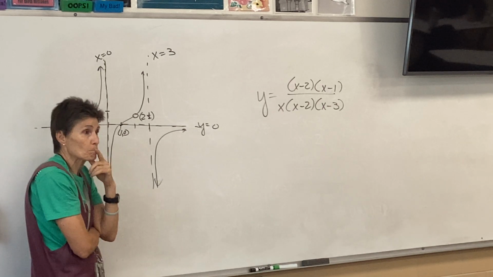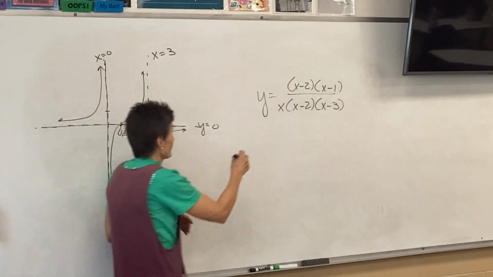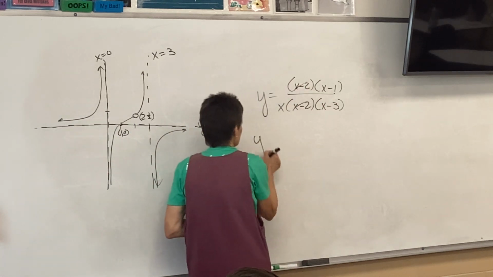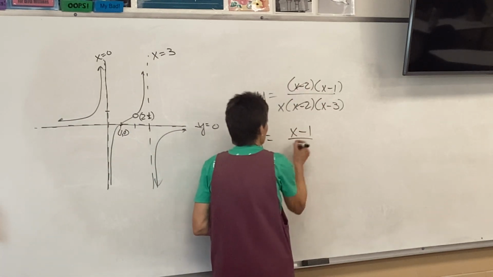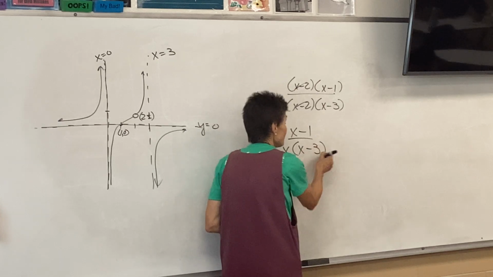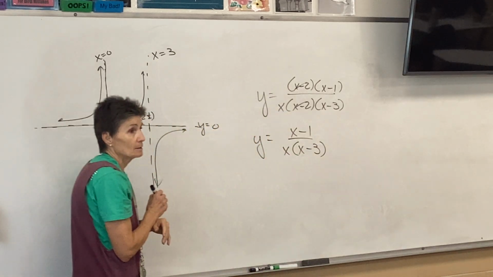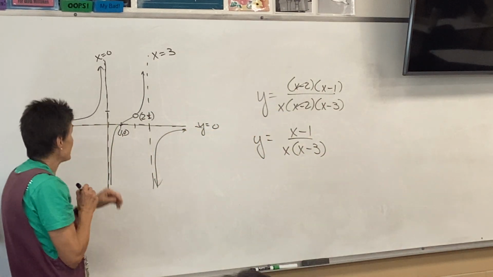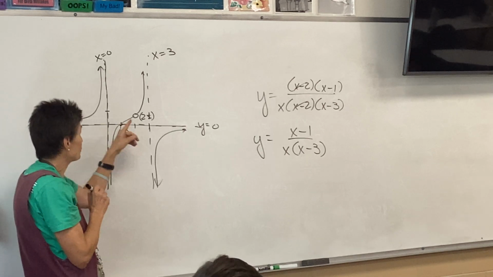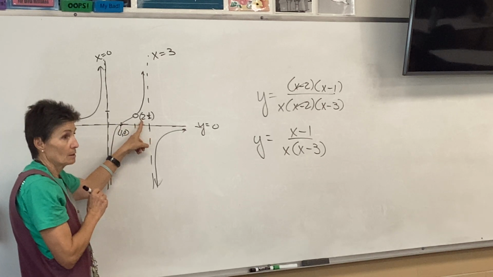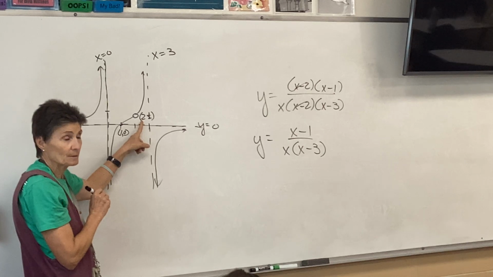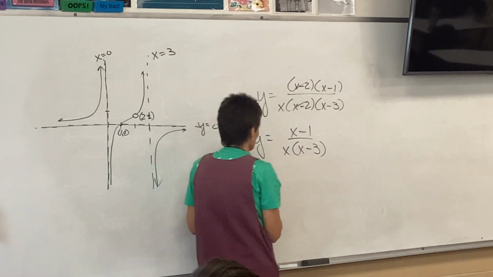Okay. All right. What now? If you get rid of those, this is what we essentially have. Would you agree? And if we put in 2, we better get a half. Do we?